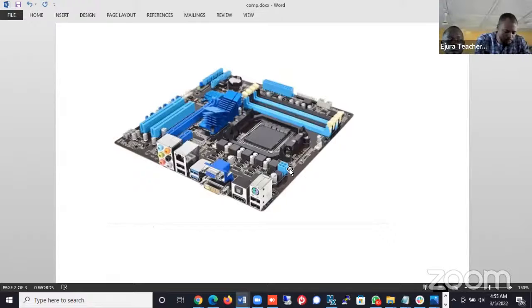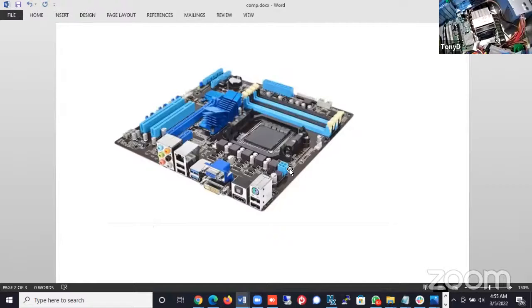We did mention that it is the part to which all other parts of the computer are connected. So all other parts of the computer are connected to the motherboard.